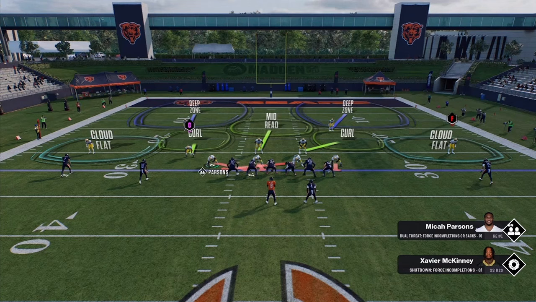With the pirate stunt, I believe this is pirate left, our outside guy is going to stunt over into this gap, and we're trying to demand the attention of the tackle and the guard. Then this guy will be our looper. That's why it is a three-man stunt. It involves three players, and this may be my favorite stunt in the game.